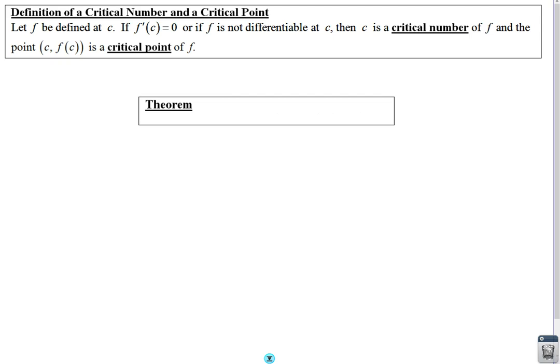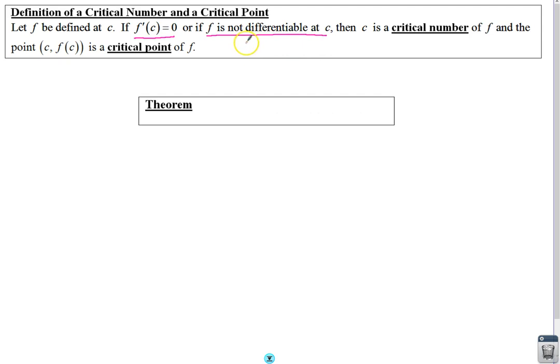Why are these two things so critical? Pun intended. When f prime of c is equal to 0, you have a horizontal tangent. That's where your function could change directions possibly. Or if f is not differentiable, that's when we have a sharp turn or a corner or a cusp.